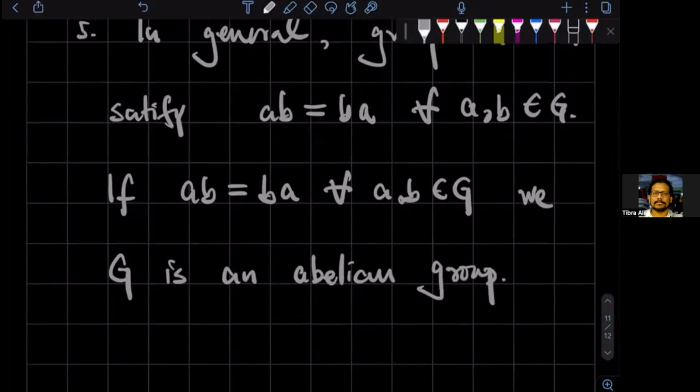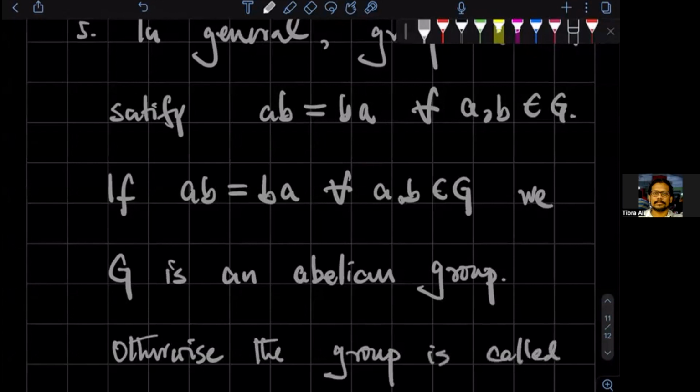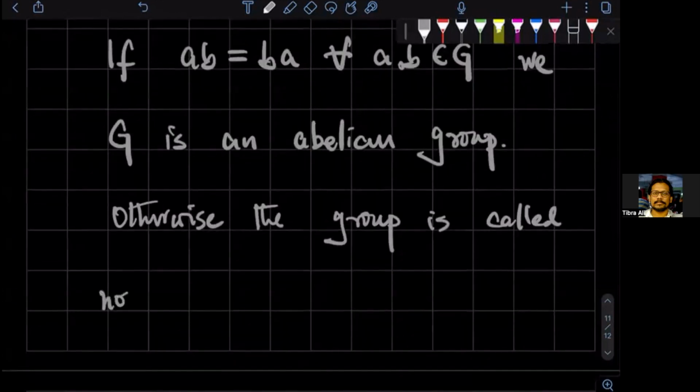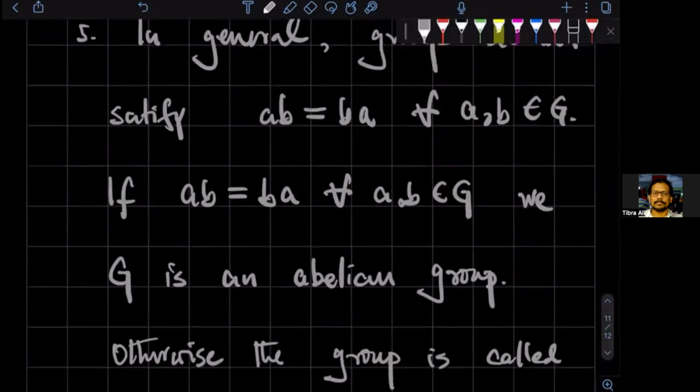Okay, this is named after Abel, who was a famous Norwegian mathematician. Otherwise, the group is called non-abelian. As you know, matrix multiplication is non-commutative, so that kind of fits in with the non-abelian nature of groups in general. Okay, so that was number 5.